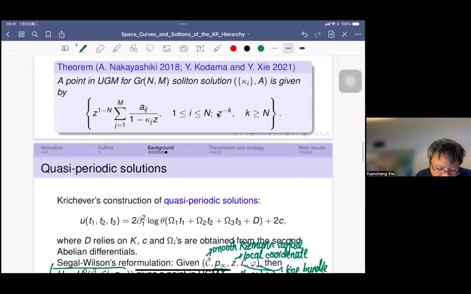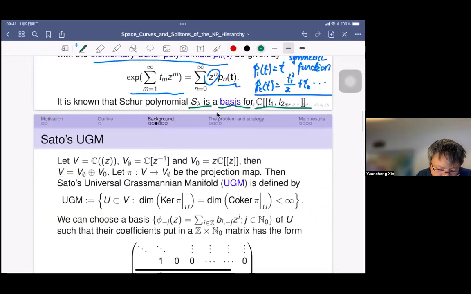Okay, and Sato is a more algebraic way. So we consider that the V plus is always separable, and the V naught we allow it to be inseparable. So the relation is actually, Segal-Wilson is inside Sato theory.